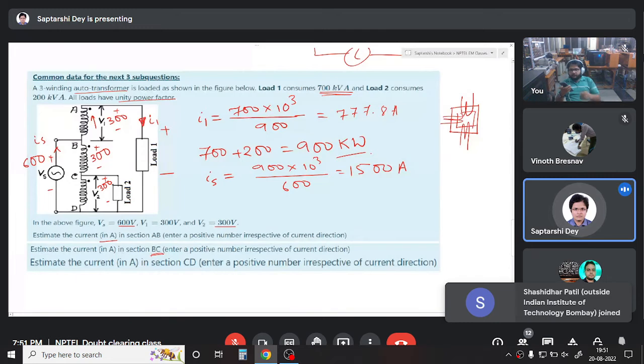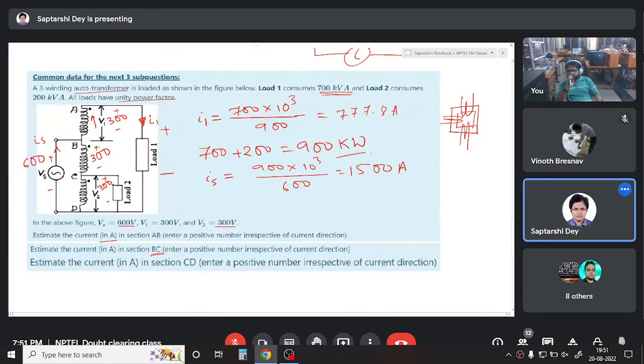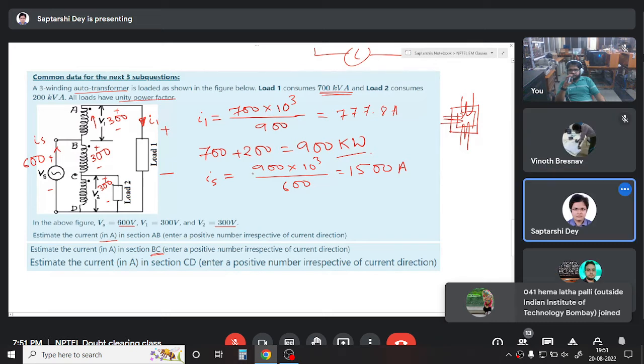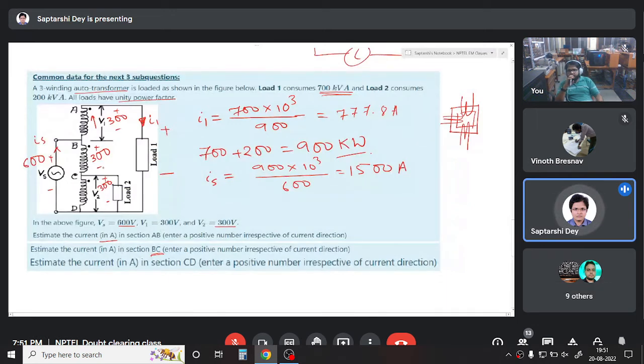Can someone tell me what will be the current in the branch BC? How to find out? What is the rule? What is the principle? We know this current, we know this current. What law? KCL. Then what minus what?